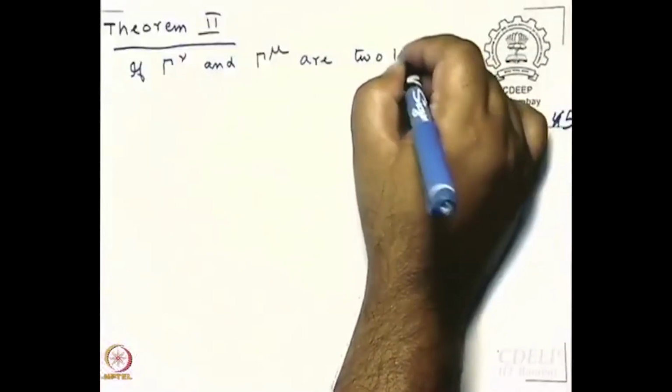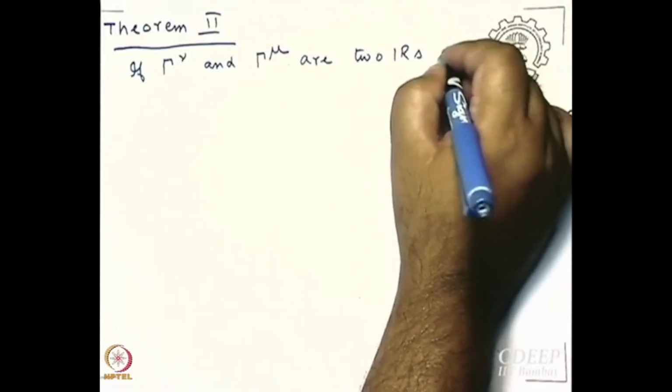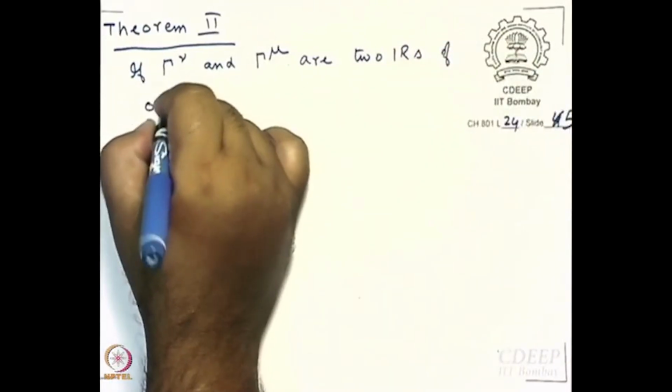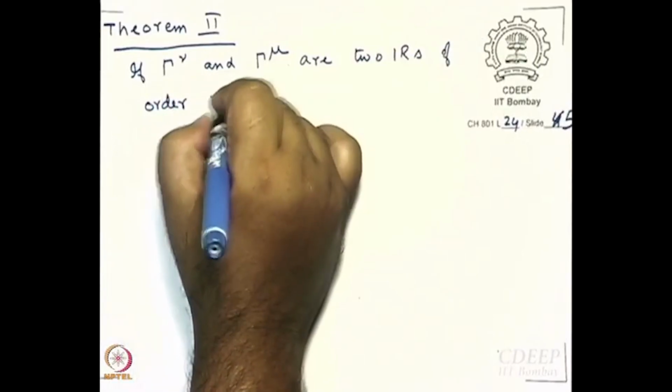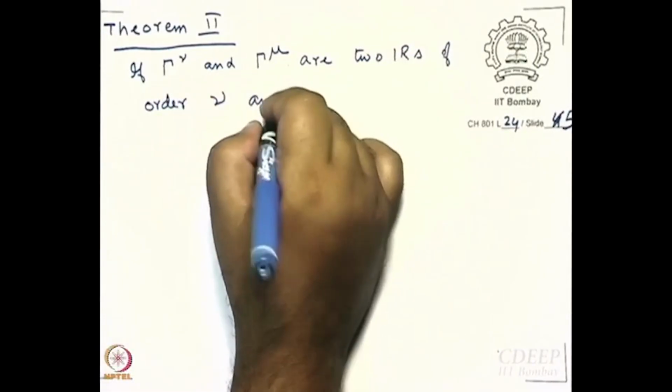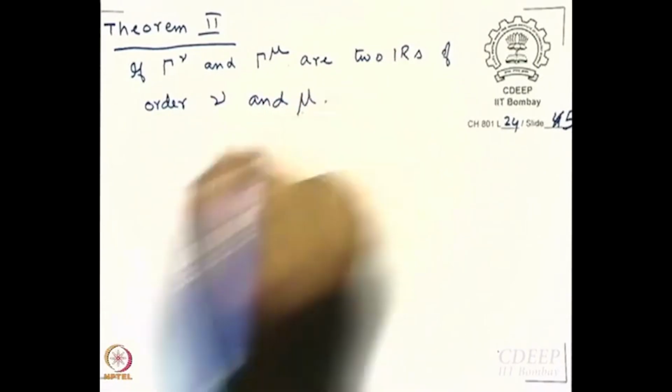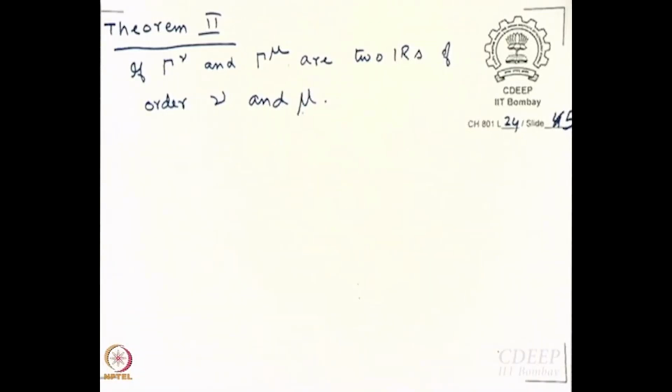Okay. What do we write gamma for usually? Irreducible representation, right? Let us say these are two irreducible representations of order nu and mu respectively.